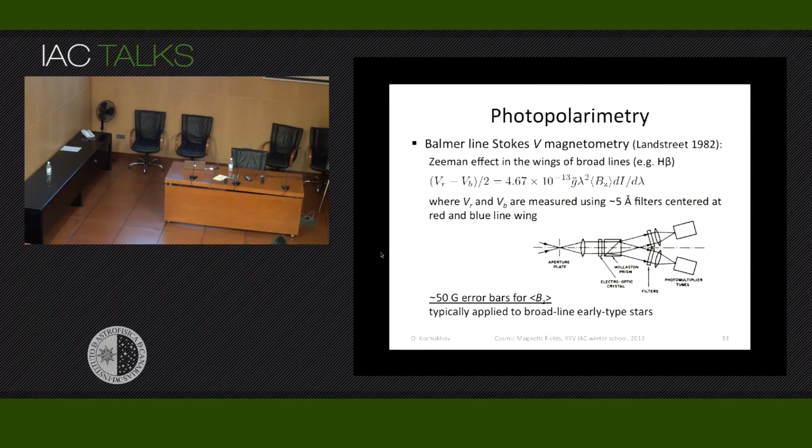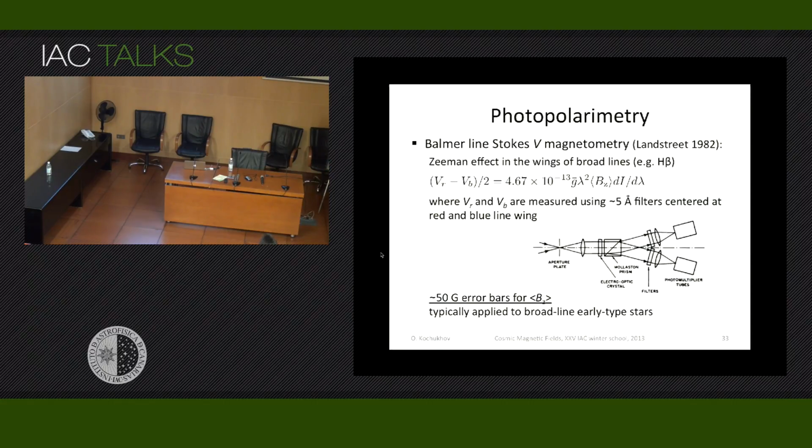There is a beam splitter that splits the light into ordinary and extraordinary beams, and these beams are registered by photomultiplier tubes. In between they put interference filters, rather narrow filters, which in this case are centered on the wings of hydrogen lines, the blue and red wing of H beta, for instance.